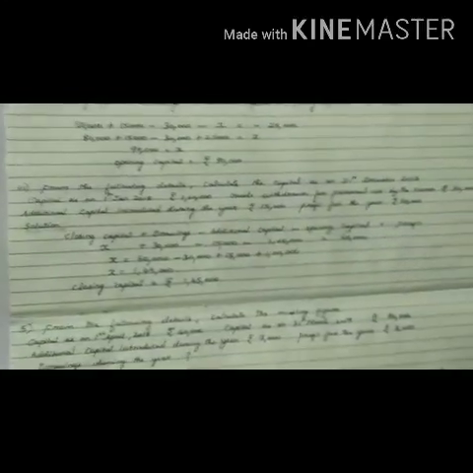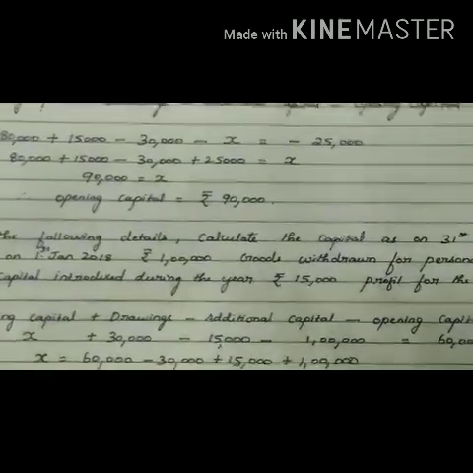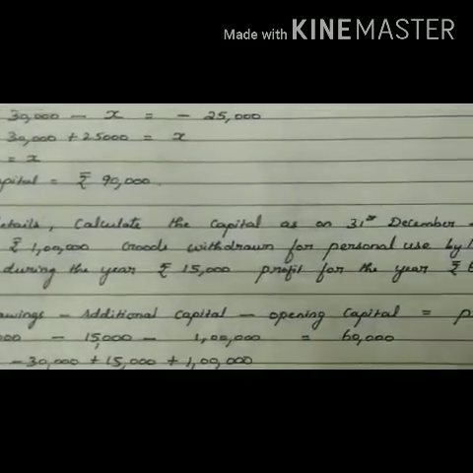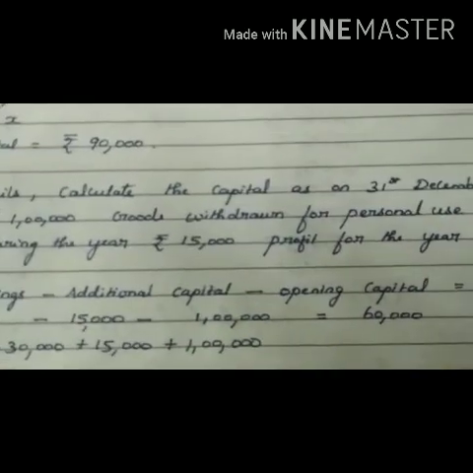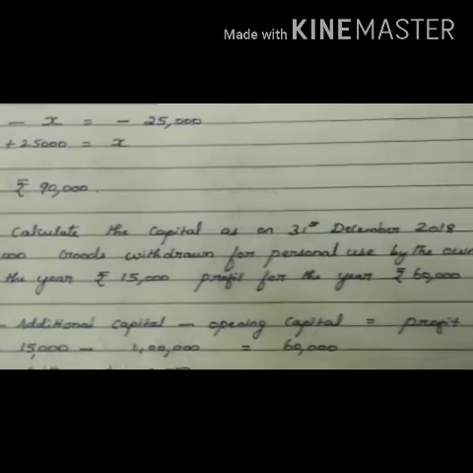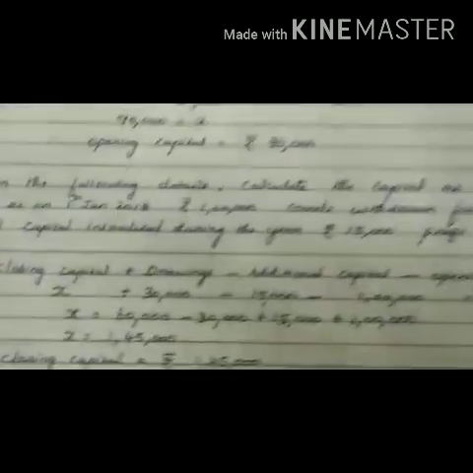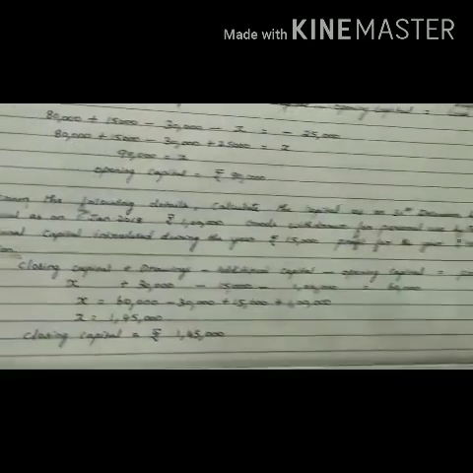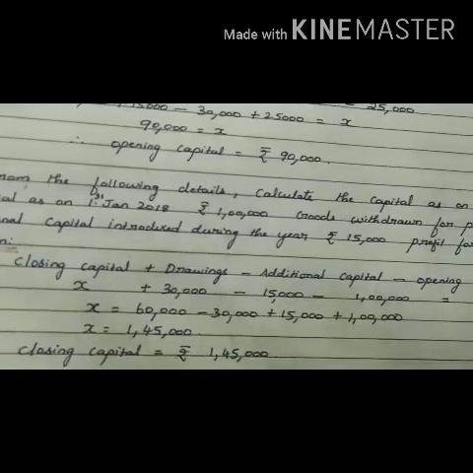The next problem. From the following details, calculate the capital as on 31st December 2018. So they have asked us to calculate the closing capital. Capital as on 1st January 2018 is 1 lakh.